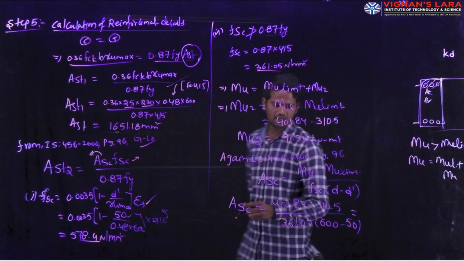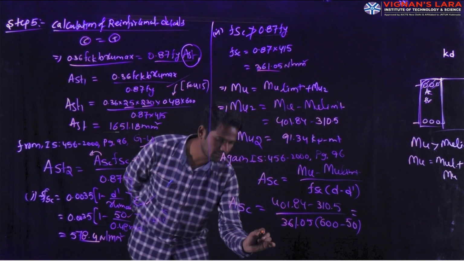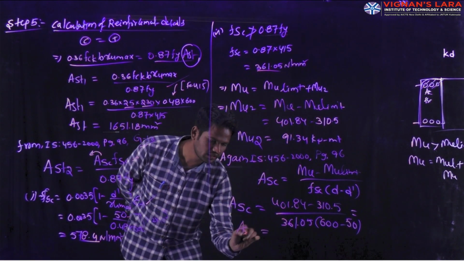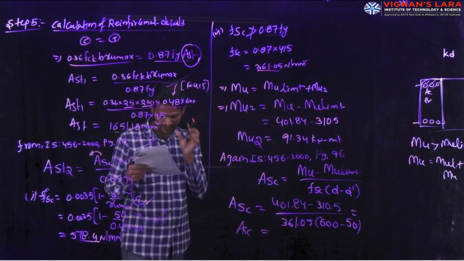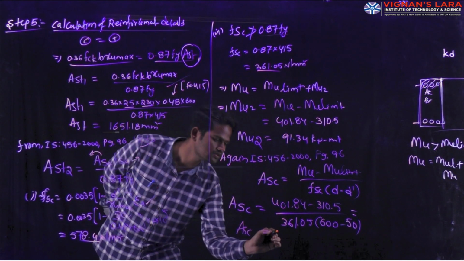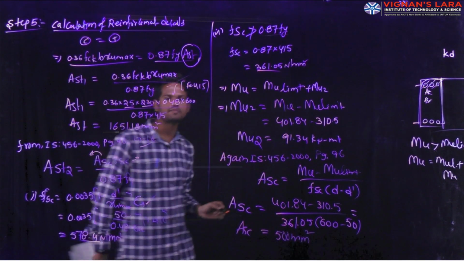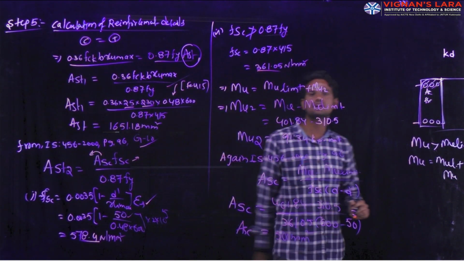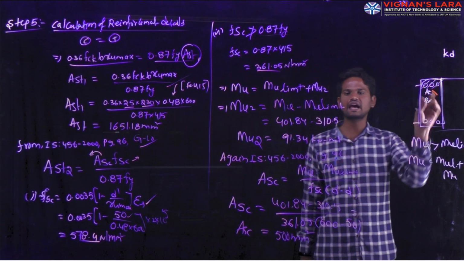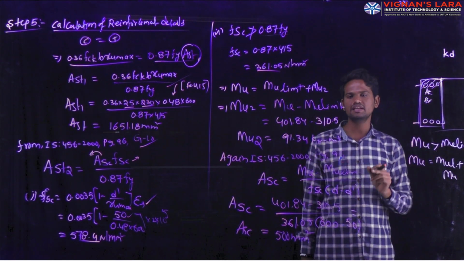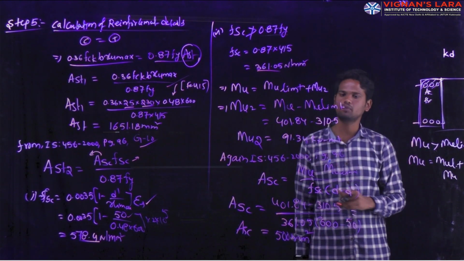By calculating this value, we are getting ASC as 500 mm square. This is the area of the steel reinforcement we are calculating for the additional moment 91.34 in the compression phase.